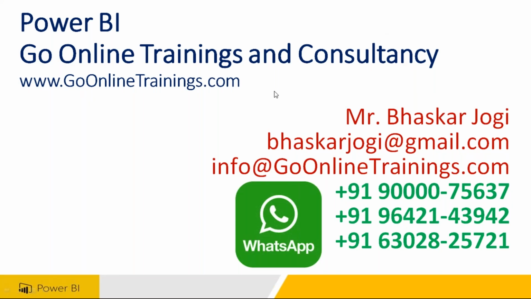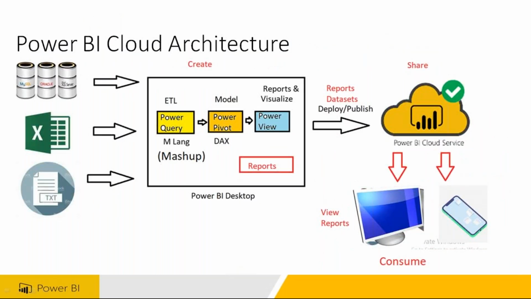We were discussing data modeling as part of your Power Pivot, right? As soon as you extract the data from different sources, the source may be one or may be different sources.